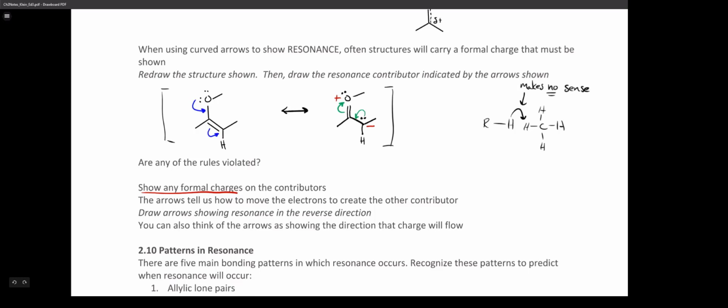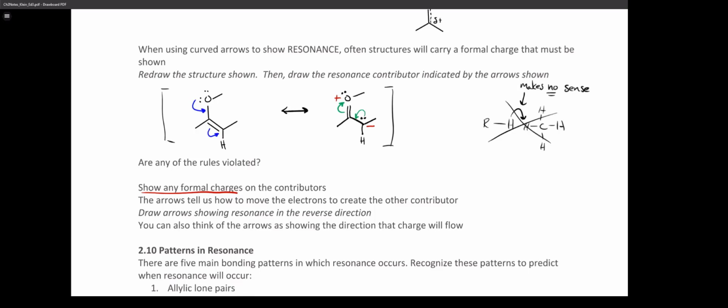Where must arrows always start? Carbon? No. Electrons. So this makes no sense. Arrows never start in an atom. They can end at an atom. And by the way, this makes absolutely no sense because what does this mean? A hydrogen wants to go attack this hydrogen? That makes no sense at all. Okay, it's ridiculous.